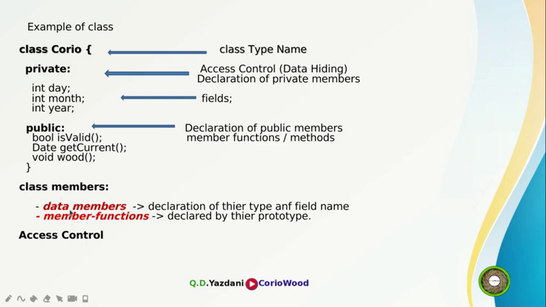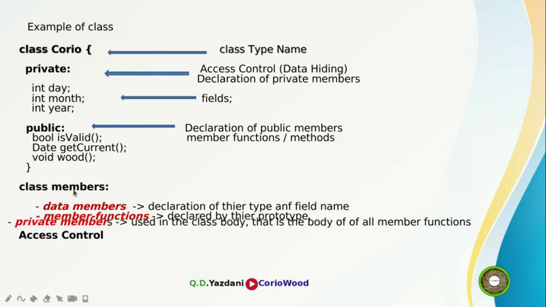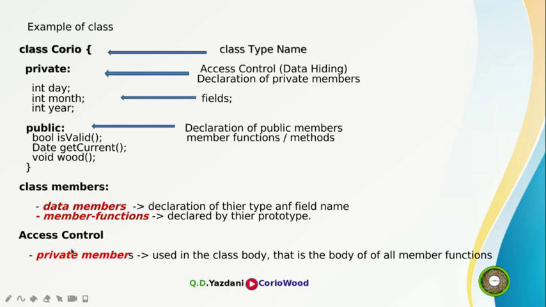The class members contain data members and the declaration of their type and field name, and member functions declared by their prototype. The access control is these two here, the private and the public. Private members are used in the class body, that is the body of all member functions.